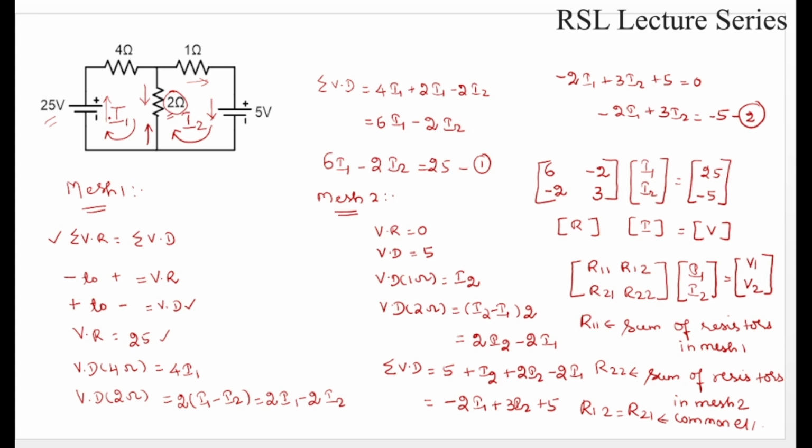As we have already discussed, if the current direction is from negative to positive, then it is considered as a voltage rise, so we write 25 as 25 only. But in mesh 2, the assumed current direction is from positive to negative with respect to this particular voltage source. So this voltage source is considered as a voltage drop, so we have to add a minus over here. If it is a voltage rise, then plus. If it is a voltage drop, then we have to specify it with the negative sign.